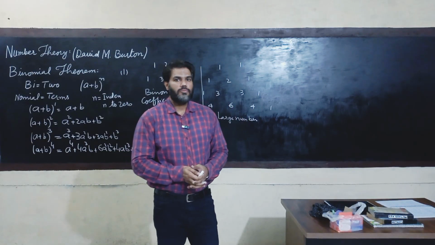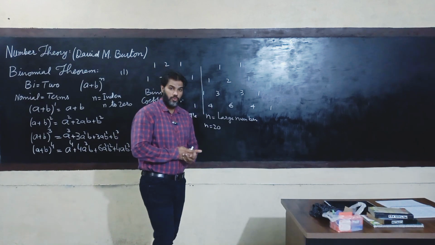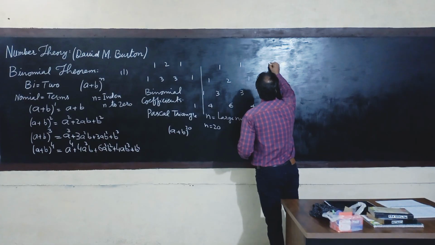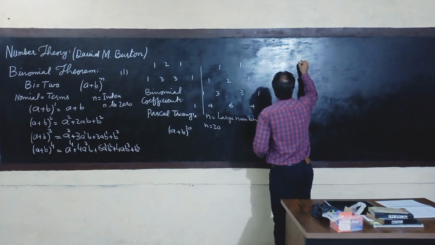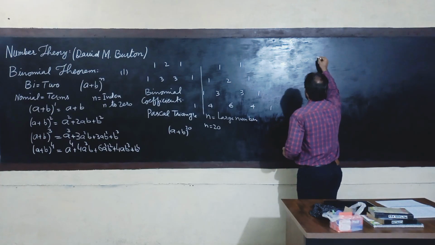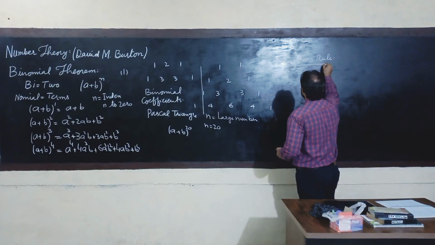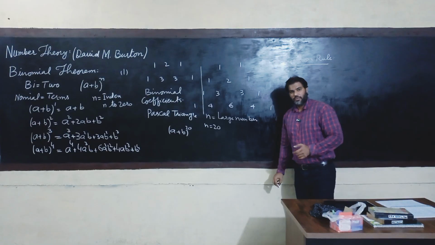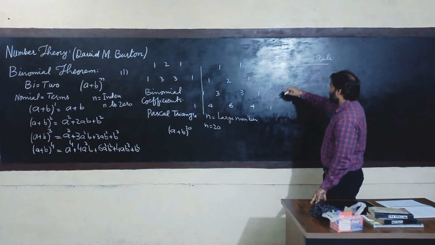To overcome these problems, we simply use the combination rule. What is the combination rule here? To find the binomial coefficients, we can use the combination rule. There is no need to make the Pascal triangle here.